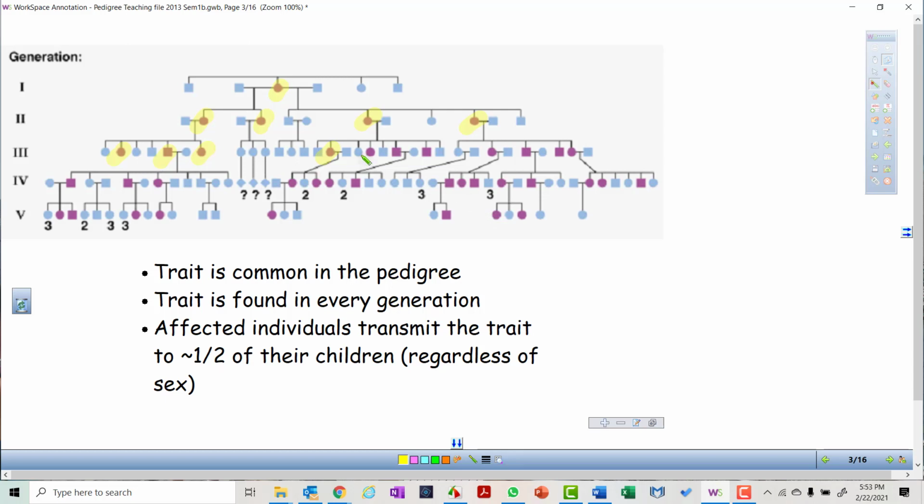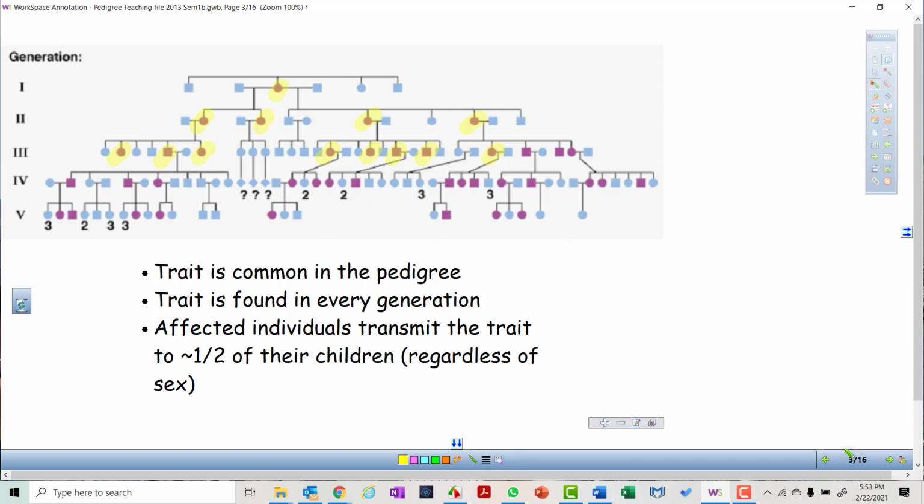The way you can tell it's dominant is that you'll see the trait here is in every generation. It's relatively common, so there's lots of purples. You'll also see that boys and girls are affected equally. In some particular pedigrees, it's mostly boys that are affected. In this case, boys and girls are affected equally. So this is a classic dominant pedigree.